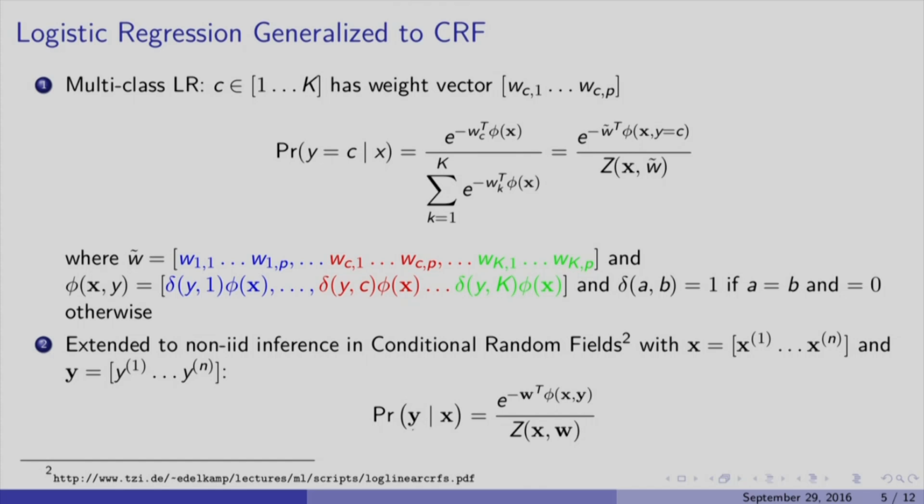So more generally, probability of y given x is e raised to minus w transpose phi x comma y divided by z x comma w. So we are modeling the entire output vector y jointly.